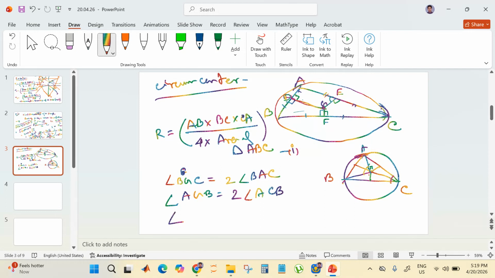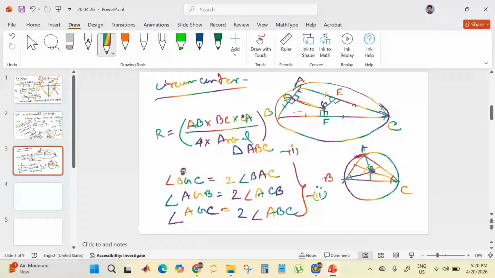Similarly, the third information is AGC. If we draw AGC, this angle, then we can find this one will be twice angle ABC. These three sets I have marked as Roman 2.